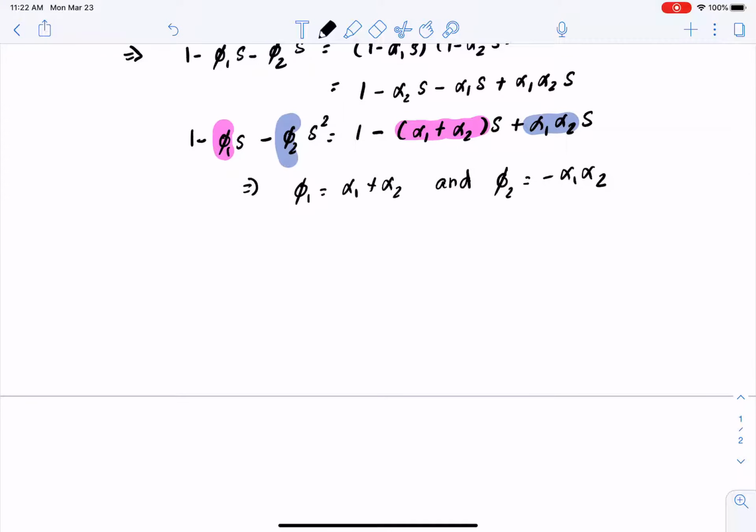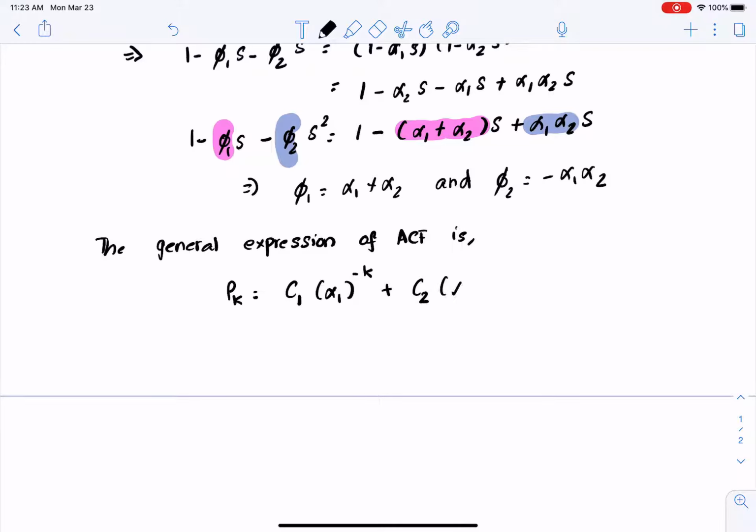So that's it. We can move on to the general form of the ACF, or the general solution, or the general expression, which is C1 alpha 1 raised to negative k plus C2 alpha 2 raised to negative k.